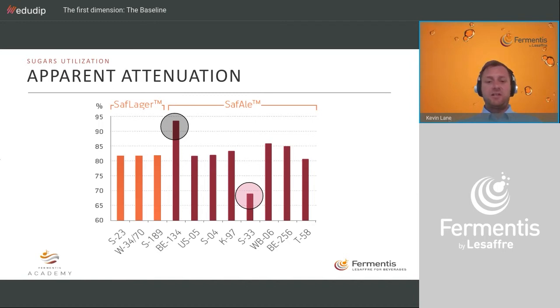So you could say, in general, B134 is going to be a much drier, a much less sweet beer than S33, which is going to have more residual maltotriose, more residual sugars, and thus have more fullness on the palate, more sweetness maybe, because of the residual maltotriose.